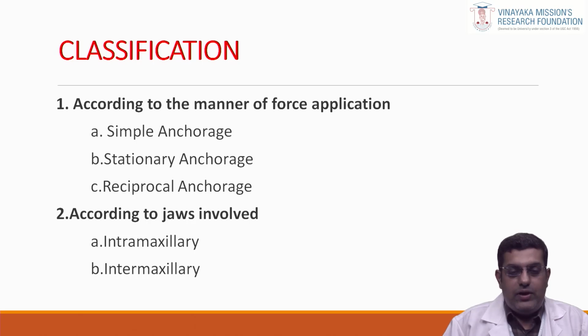So coming to the classification, we have the classification under various headings. The first one is according to the manner of force application: simple anchorage, stationary anchorage, and reciprocal anchorage. According to the jaws involved, we have intramaxillary and intermaxillary.